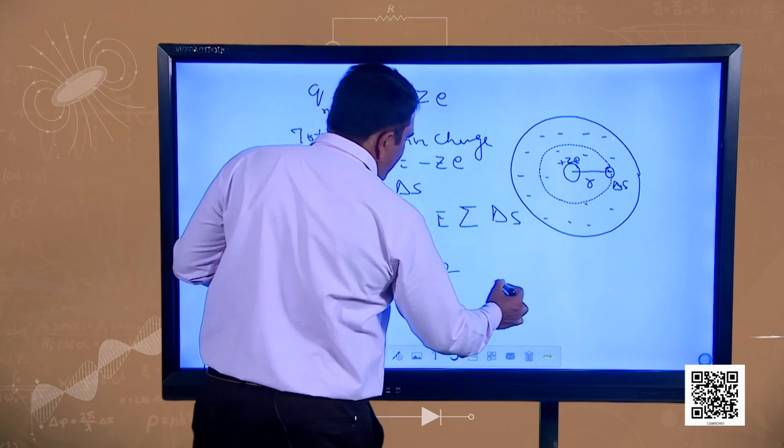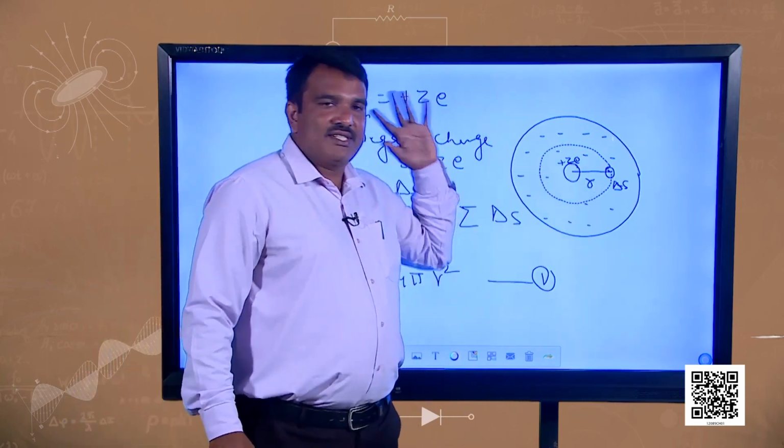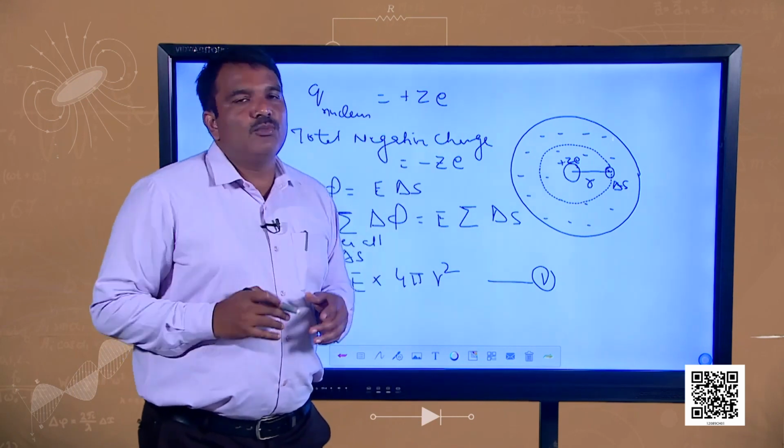So this is the value of flux passing through the Gaussian surface using general formula of flux.